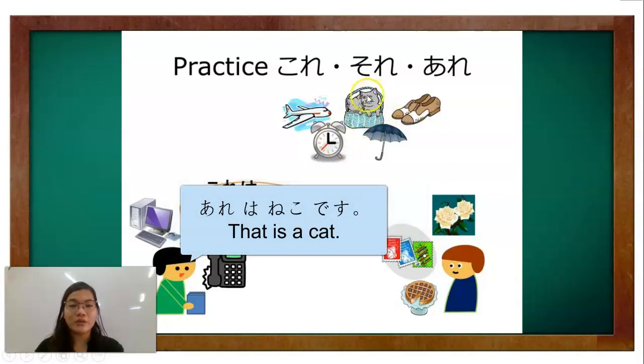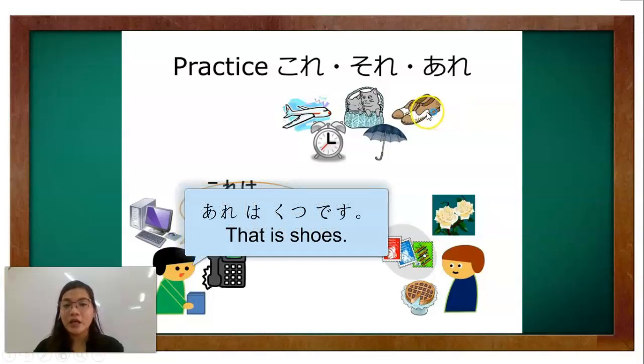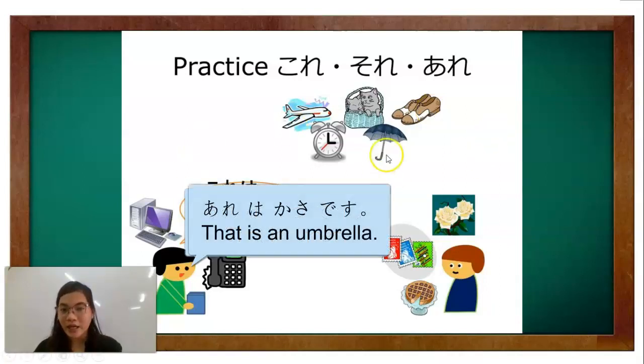Or you can use the cat: are wa neko desu. And the shoes: are wa kutsu desu. And last, the umbrella: are wa kasa desu.